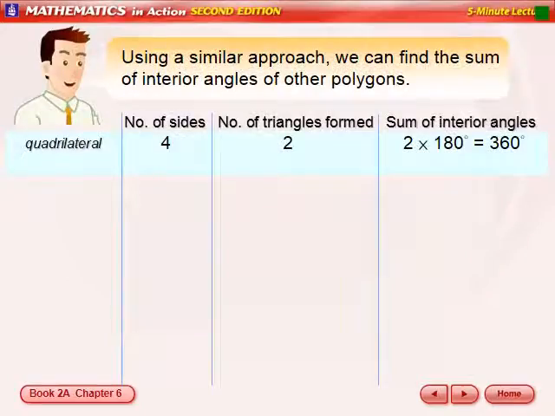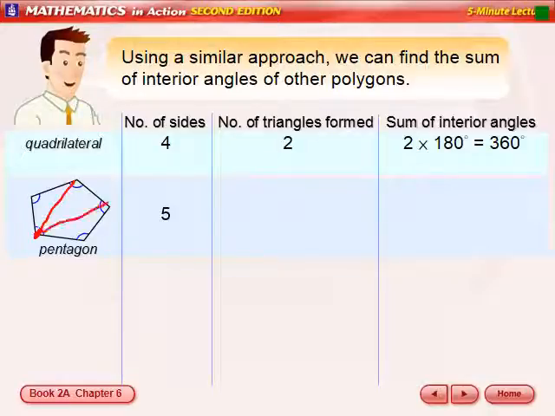Next, we can use a similar approach to find the sum of interior angles of other polygons. For the quadrilateral, we have already come across it. For the pentagon, the number of sides is equal to 5, this is obvious. If we want to find the number of triangles formed, maybe we just fix one point, let's say this point, and then draw 2 diagonals to form the triangles.